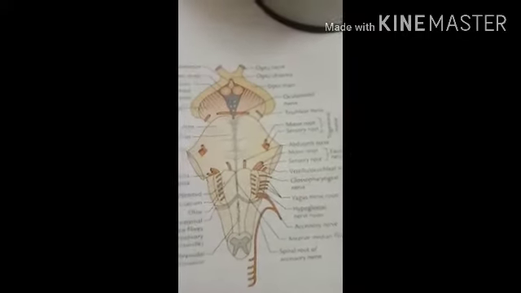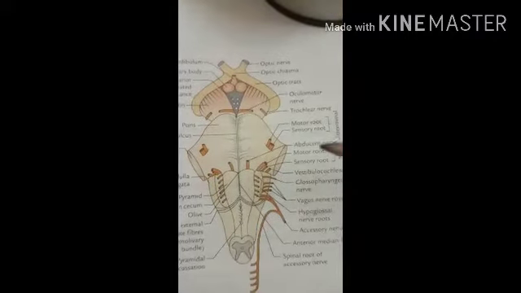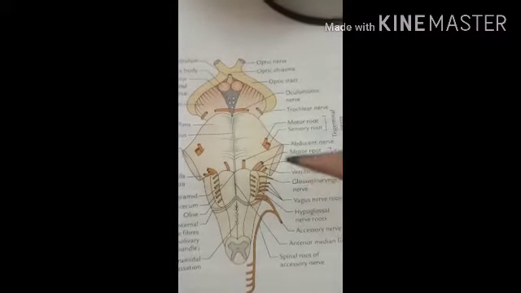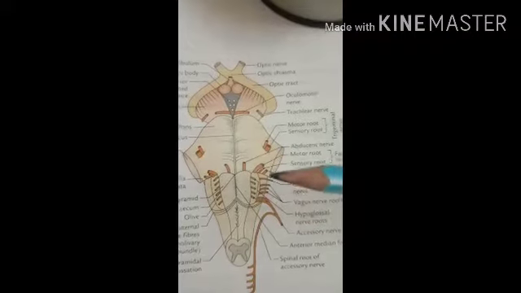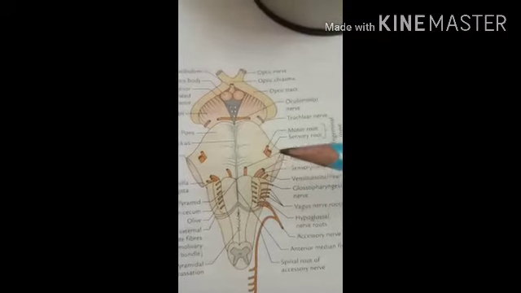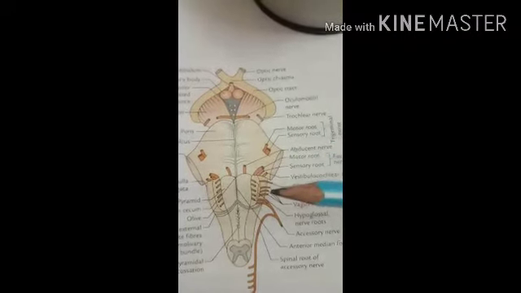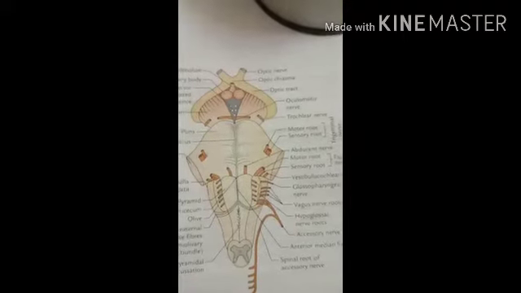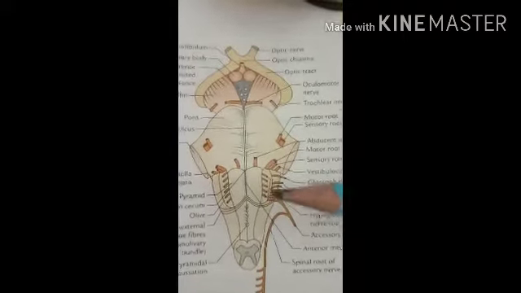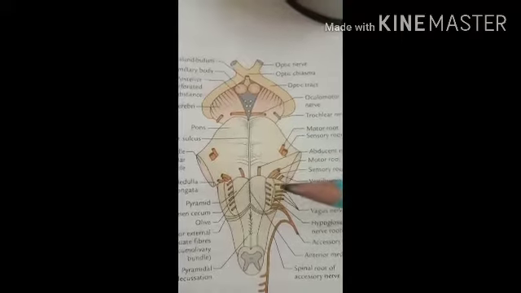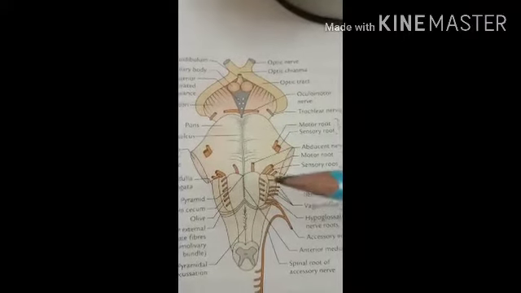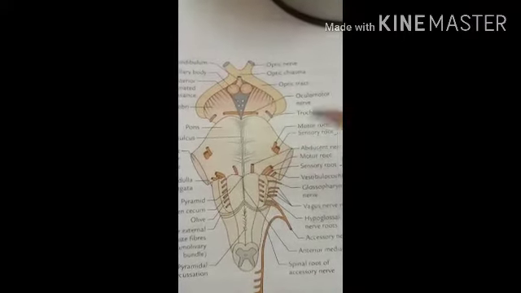Next, we have seen the blood supply of the medulla oblongata. It is mostly supplied by the posterior inferior cerebellar artery, and the vertebral artery. So if thrombosis occurs in the artery, it can cause a common vascular lesion.